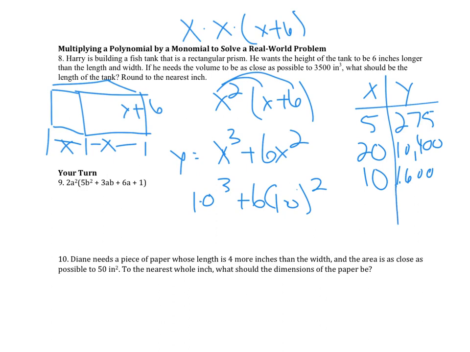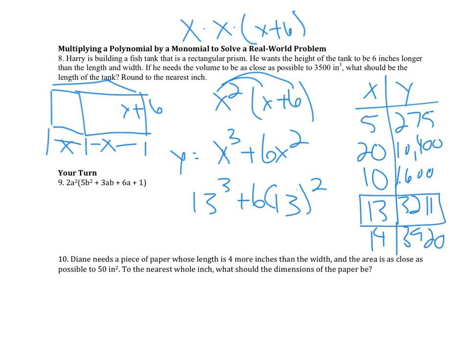So let's try 13, which gives us 3,211. And if we did 14, we get 3,920. So the closest to 3,500 is 3,211, and we want to round to the nearest inch, which is 13.